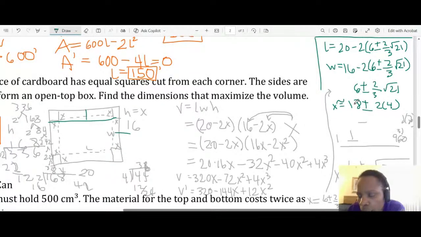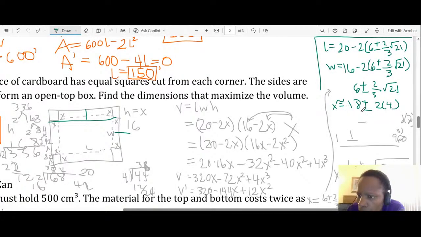So this is the estimation. We don't want the one that's 10. We definitely don't want the 10. Right? Well, x can't be that long either. It can't be greater than 20.